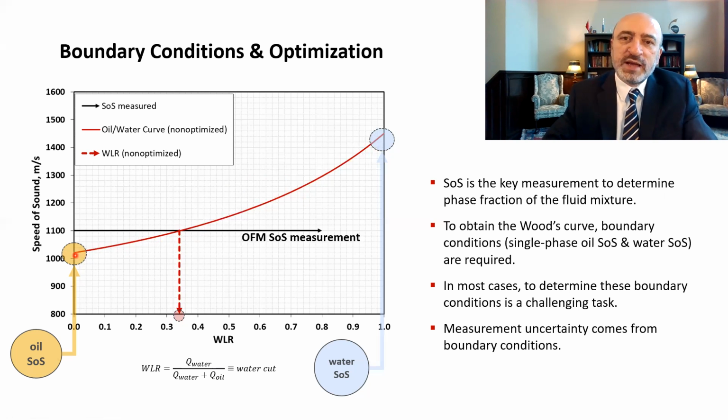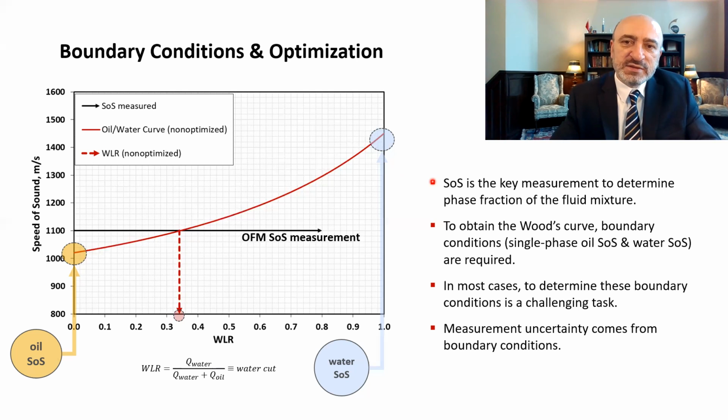So let's assume that we have a test separator and the water cut from the test separator does not agree with the water cut from the optical flow meter. In that case, what we need to decide is whether or not the difference in the water cuts is acceptable. Usually, if the difference is less than 5%, it is considered a good measurement for a multi-phase flow.